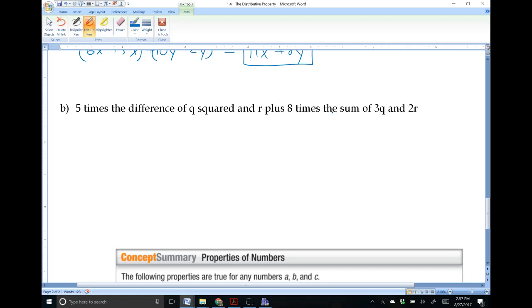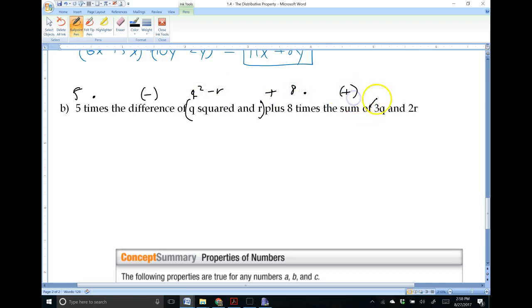Alright, so for part B here, I'm going to go a little bit fast and I'm just going to do the problem here, but I hope you guys attempted this guy. So this one is 5 times the difference, right? The difference, meaning subtraction. The subtraction of what? Q squared and R. The subtraction of Q squared and R plus, right, 8 times the sum.